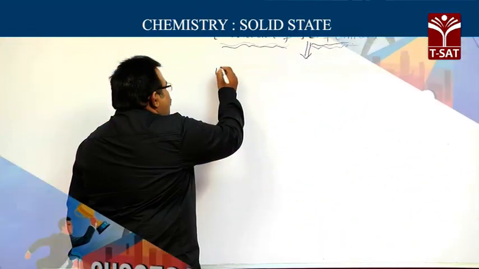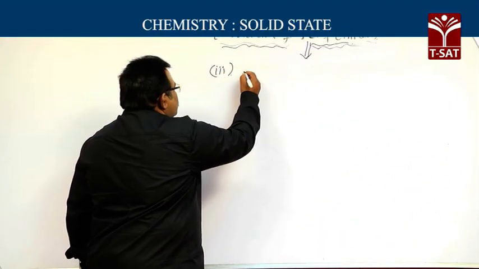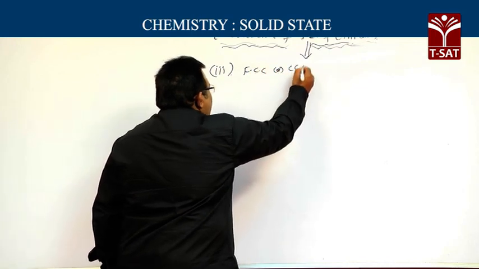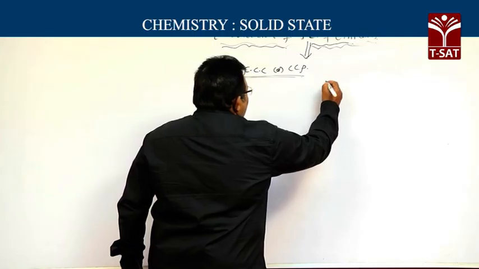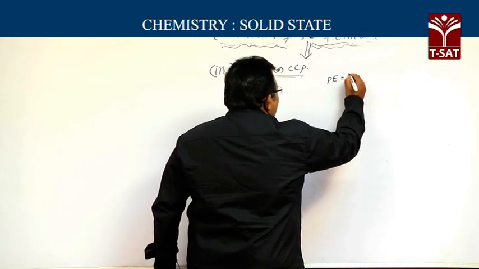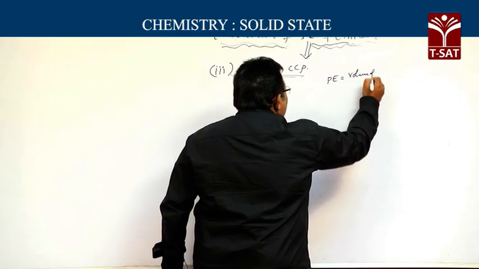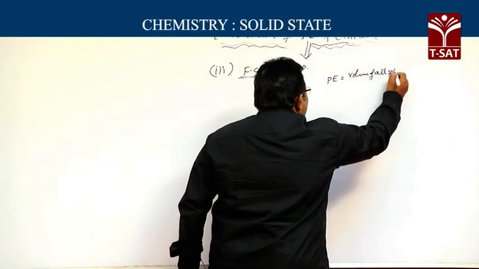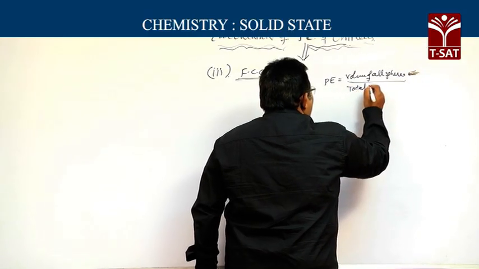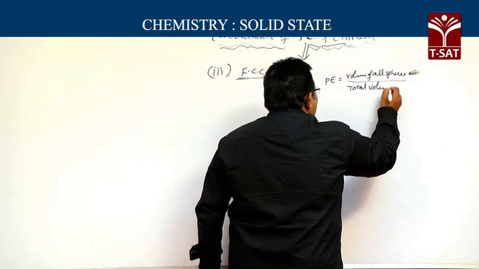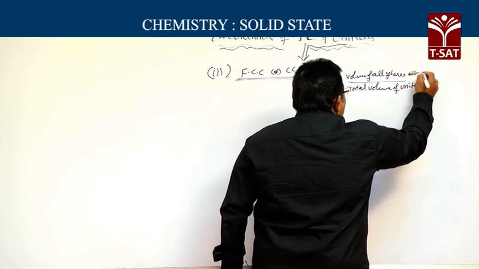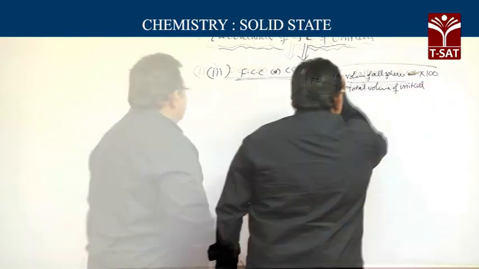Let us calculate the packing efficiency of FCC or CCP. We know the packing efficiency is nothing but volume of all spheres by total volume of unit cell into 100.